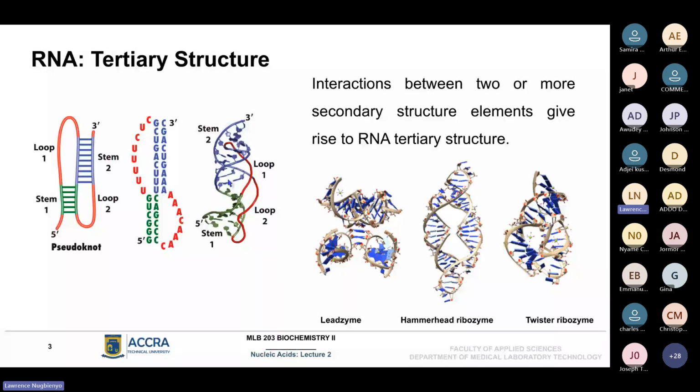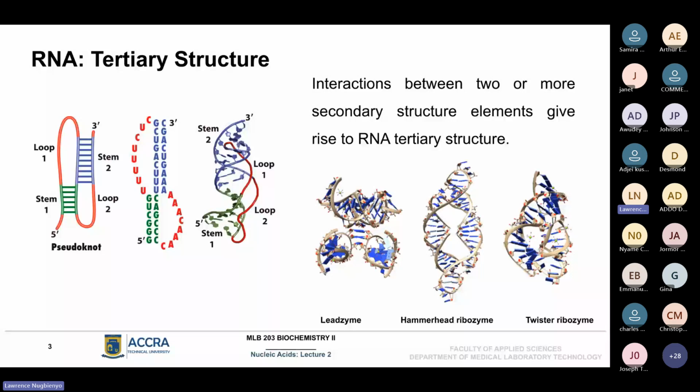Now, I mentioned that a common RNA molecule in which you will see secondary structure is transfer RNA, and you have more than one in it. And so the complete structure of the transfer RNA is a tertiary structure. But we have different RNA molecules that have such tertiary structure.